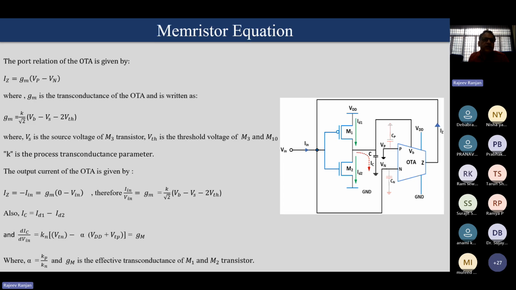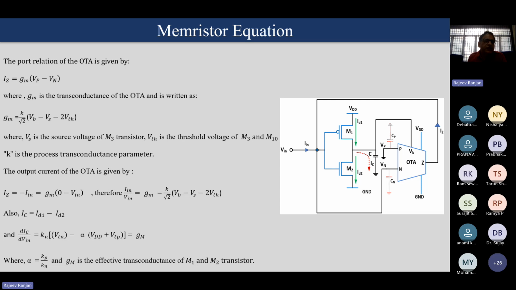K is the process parameter of transconductance. The output of the OTA is given by Ix minus In equal to Gm, with Vin grounded. Therefore In upon Vin equals Gm, K times the square root of (2 VB minus VS minus 2 VTH). Also Ic equals Id1 minus Id2.